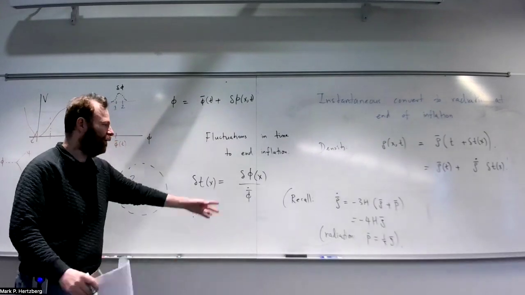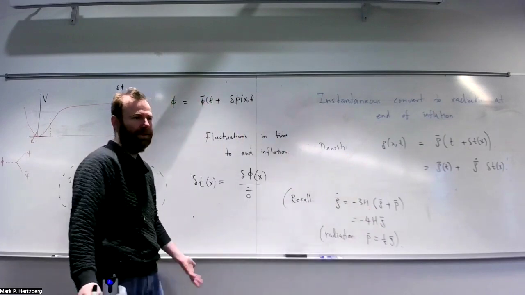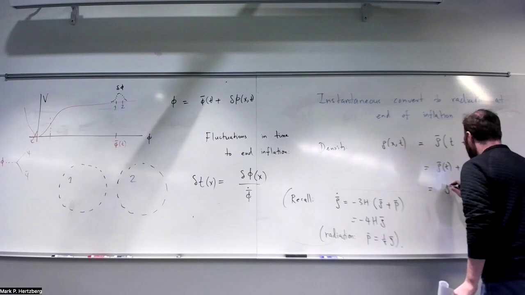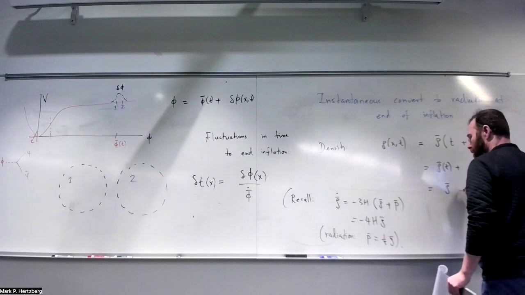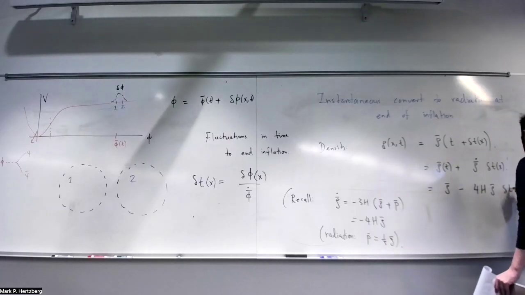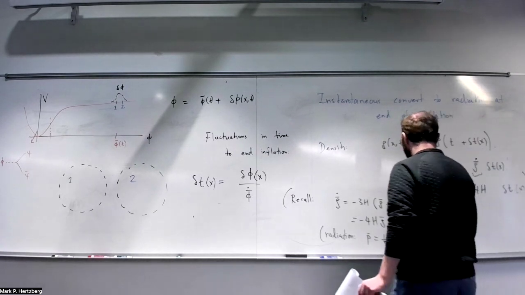I mean, this is just a glorified way of saying rho declines as 1 over a to the 4. That's all that 4 is. Okay. So I just insert that in here. So you get rho bar minus 4h rho bar delta t. Are you okay with that? I just got rid of this. And then the rho bar I can factorize 1 minus this. Okay, so this is our rho.